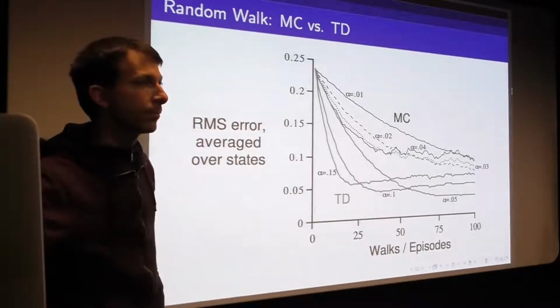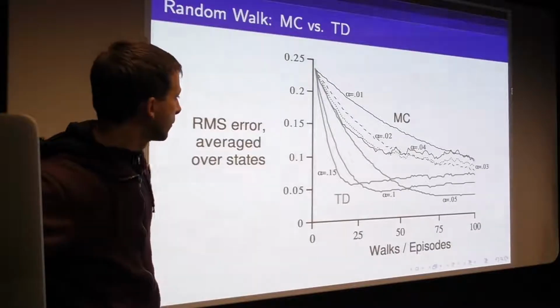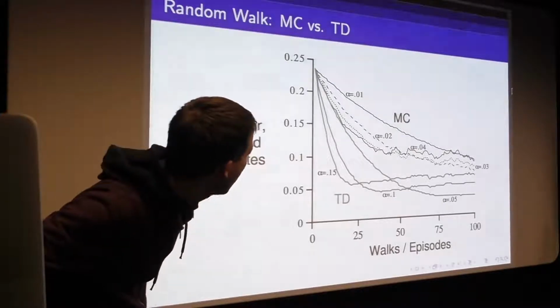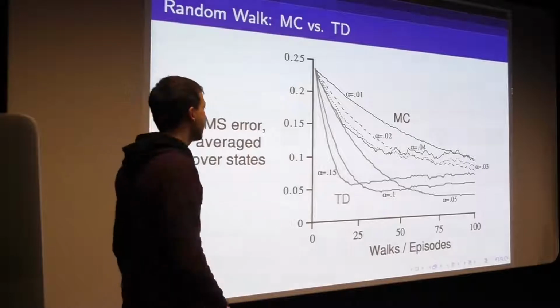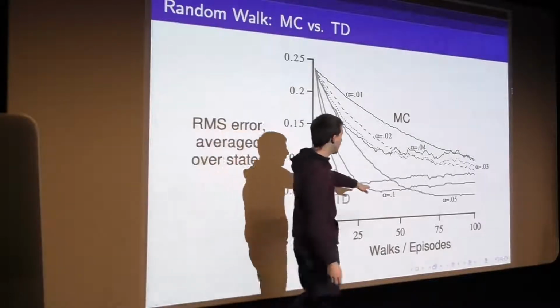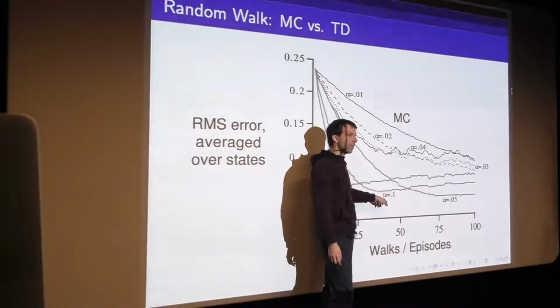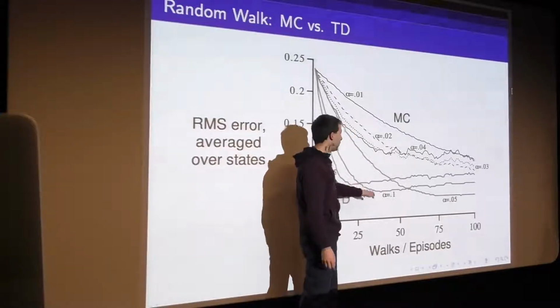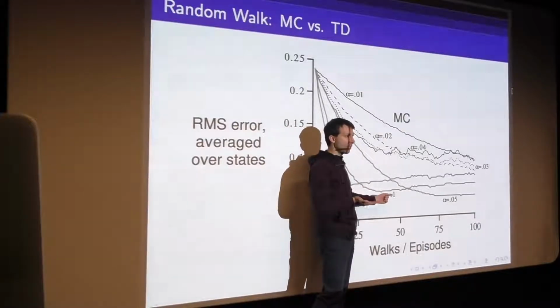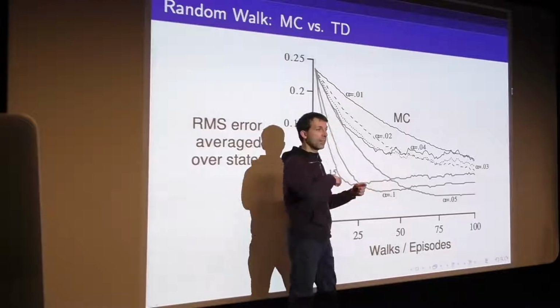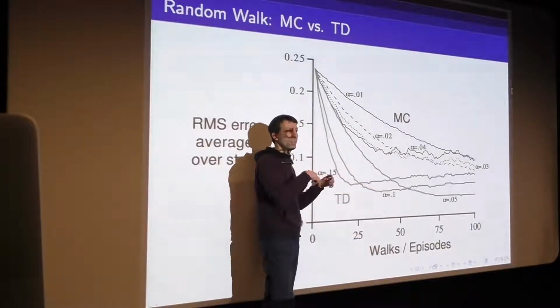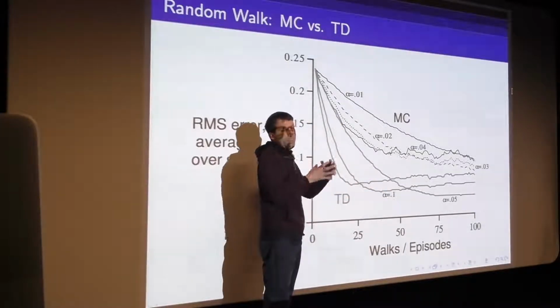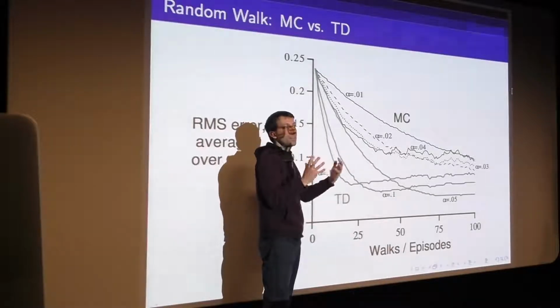Is there any reason that the error stopped shrinking as we increase the number of episodes? I think it's just that the noise in these step sizes is very high. With these step sizes, you can never get exactly to the true value function. With a large step size, you will oscillate around the true value function within some ball that's governed by the size of your step size.